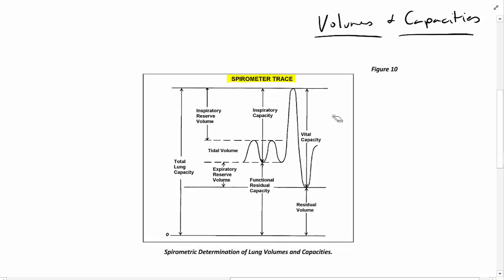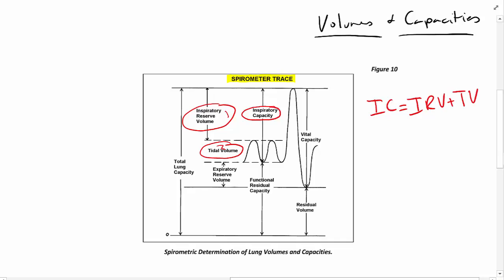So that's one of the capacities. We have another capacity. This is called inspiratory capacity. Now, inspiratory capacity combines two volumes. It combines inspiratory reserve volume, number one, and then it includes tidal volume. So that's number two. So inspiratory capacity, if you write this out, would be inspiratory capacity equals IRV plus TV. Okay? So you see how that worked out?